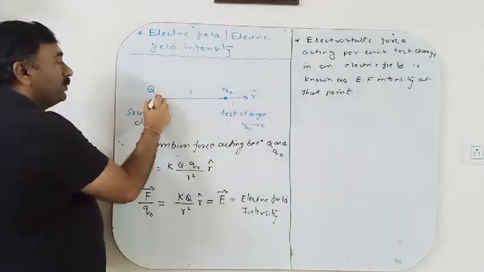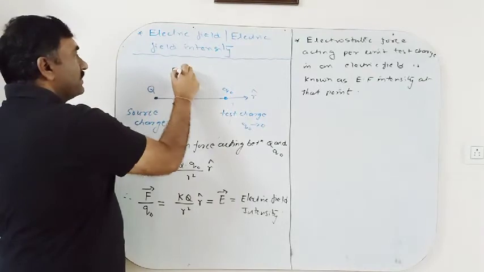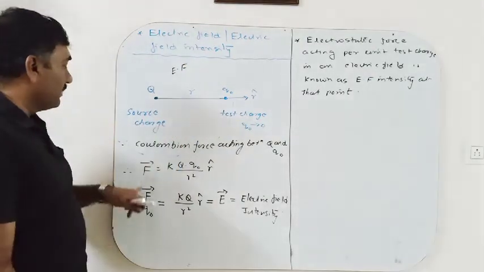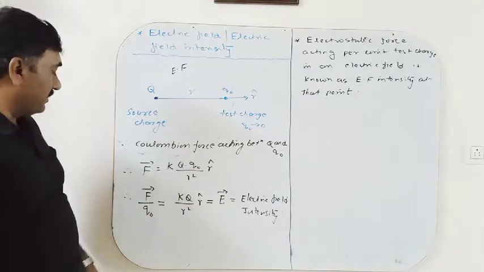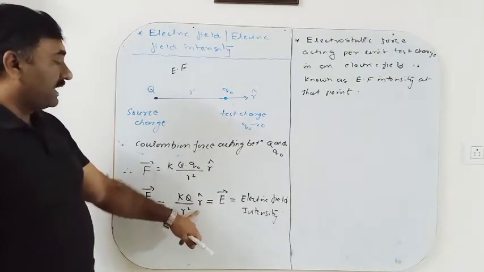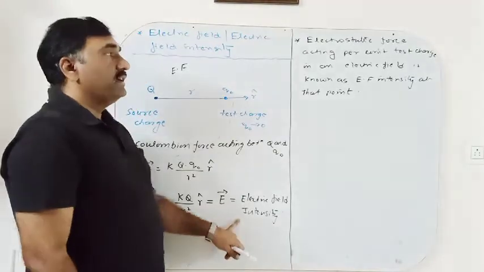Again, Q is known as the source charge which is used to produce the electric field. In this electric field, the force acting on Q naught by Q is given by the formula F equal to K Q Q naught upon R square with the direction of R caret. Then force divided by Q naught is KQ by R square, with the direction of R caret, represented by E. This is known as electric field intensity.